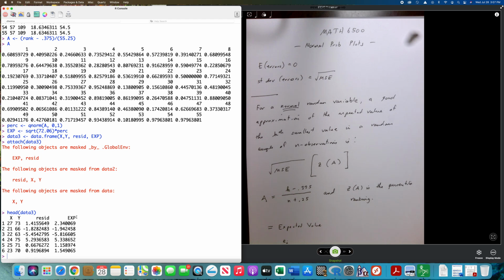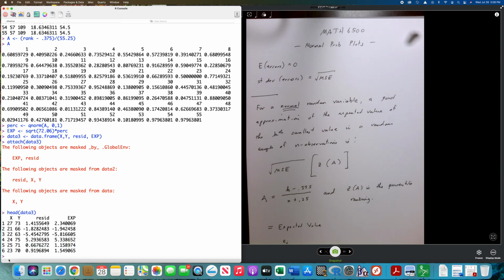What I get here is a comparison of the residual and the expected value of the residual. A large difference indicates that we are losing normality, a departure from normality. But you can see as we scan just the first 6 that these values turn out to be relatively close. Quite a bit of difference there.